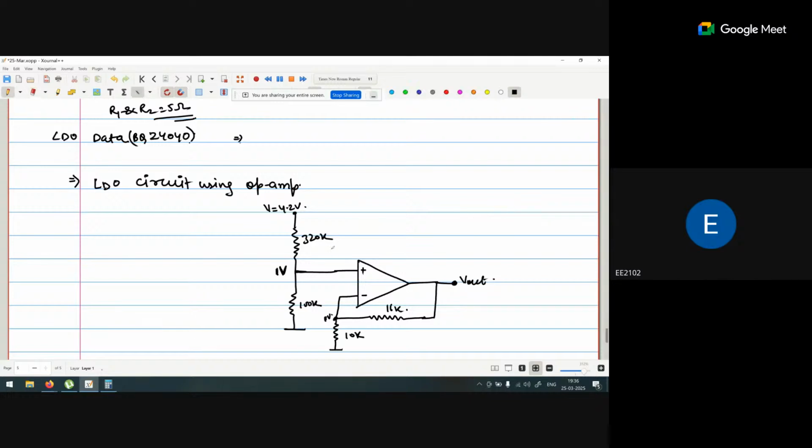Can I say that this is the VX, this is the V out, and VX is 1 volt?